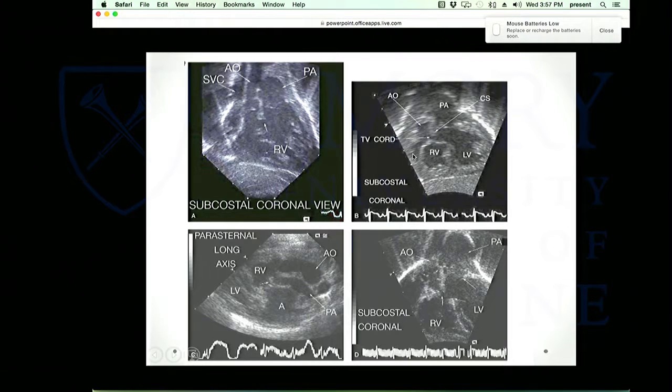Again, these are the subcostal views, so they're upside down for you guys. So this would be the VSD. The CS that they're pointing to is conal tissue, the conal septum, that thick area of tissue. And blood flows a lot more easily through the VSD to the pulmonary artery here.